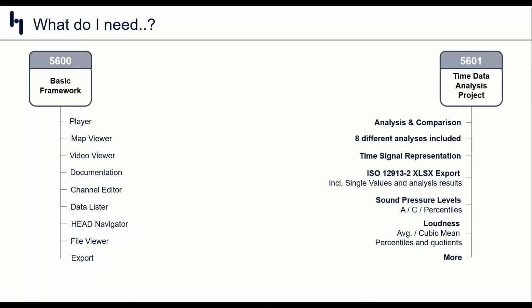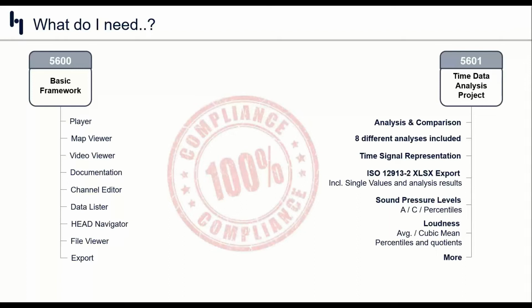It also gives you A-weighted, C-weighted, and percentile levels of sound pressure, average, cubic means, percentiles, and quotients for loudness, and a few other analyses. You need both of these to be 100% compliant with the standard to provide data and meet the requirements of the standard itself.